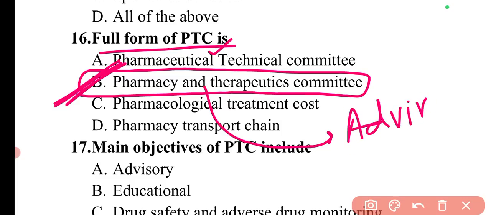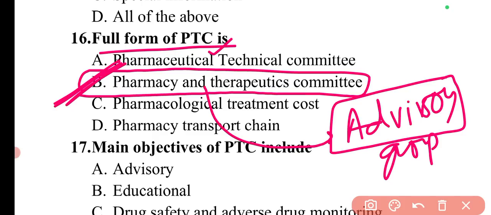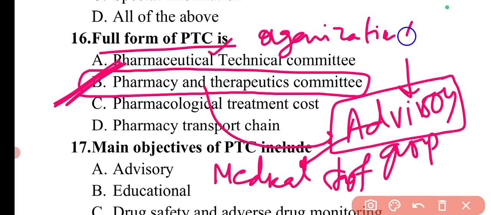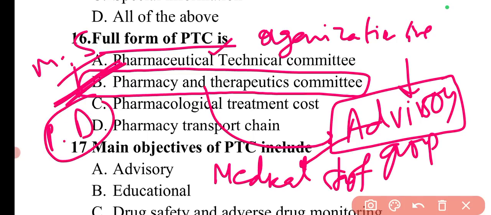This particular term you need to remember: PTC is an advisory body, an advisory group of medical staff, and it serves as the organizational line of communication between medical staff and the pharmacy department. So these are the points you need to remember in the definition of PTC.